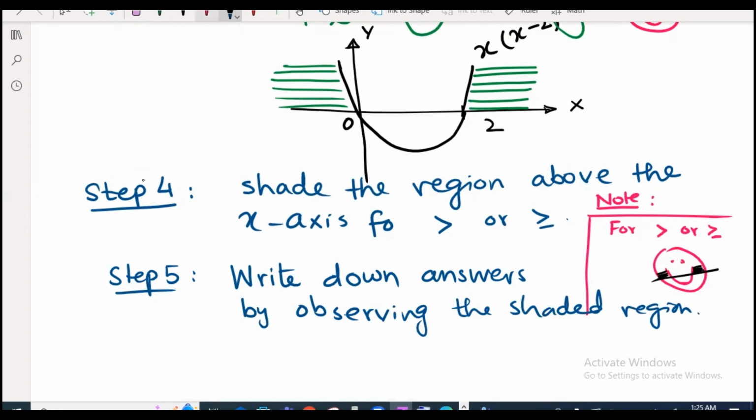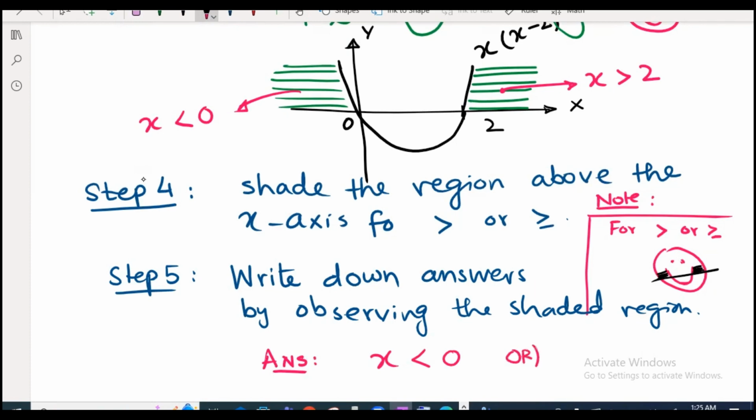If you observe, this shaded region is x greater than 2, and this shaded region is x less than 0. So the final answer will be x is less than 0 or x is greater than 2. This is the final answer.